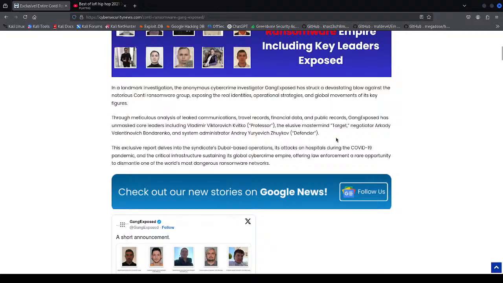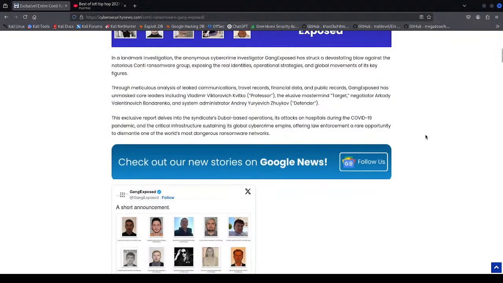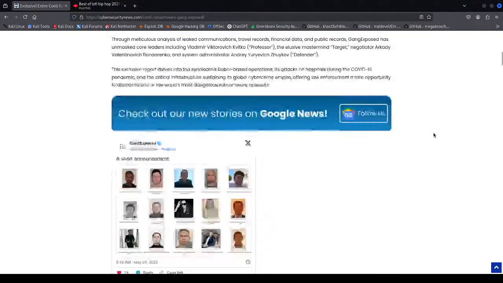These exclusive reports delve into the syndicate's Dubai-based operations and its attacks on hospitals during the COVID-19 pandemic, and the critical infrastructure sustaining its global cybercrime empire, offering law enforcement a rare opportunity to dismantle one of the world's most dangerous ransomware groups.